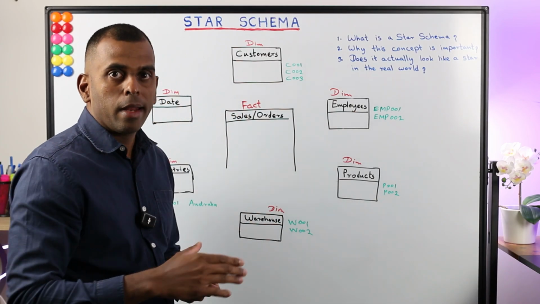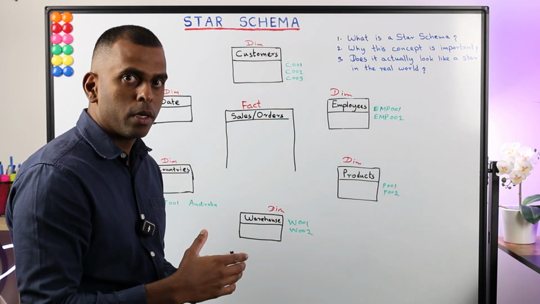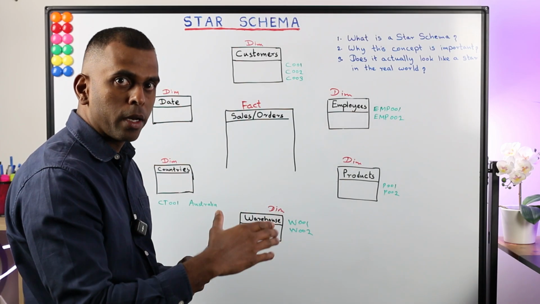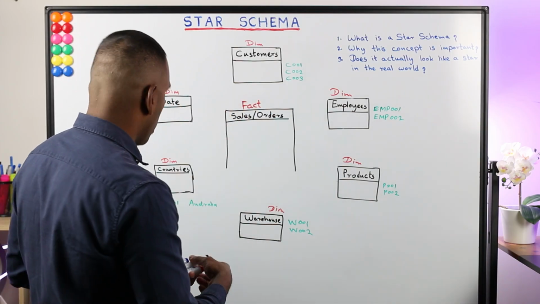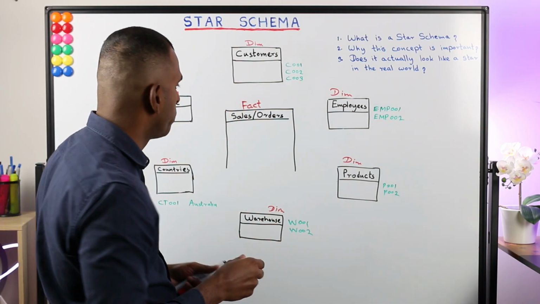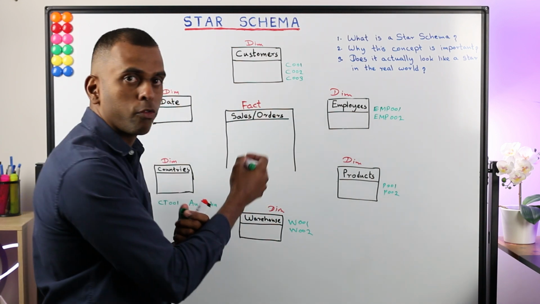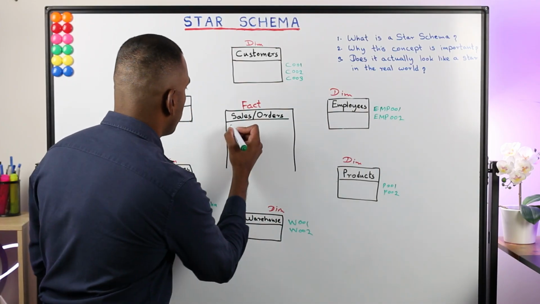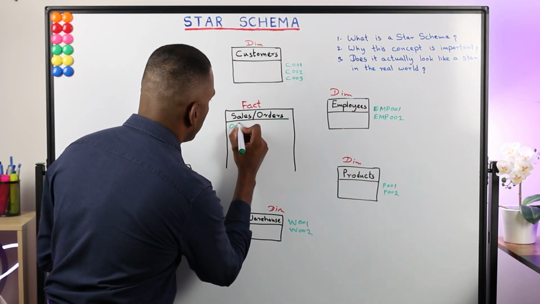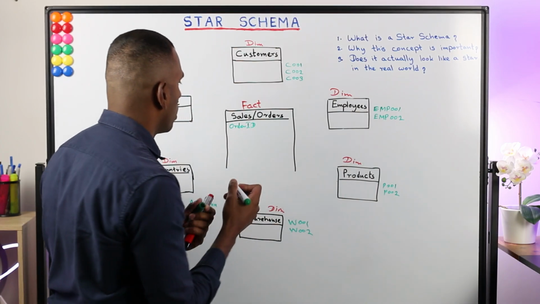The fact table contains numbers. In addition to numbers, it has the primary keys of the dim tables, and it also has a primary key for the fact table itself. So let's say the sales table has an order ID. Order ID, that's a primary key.